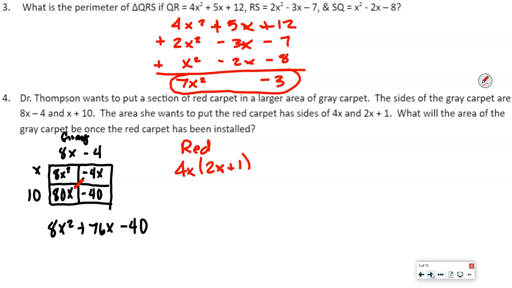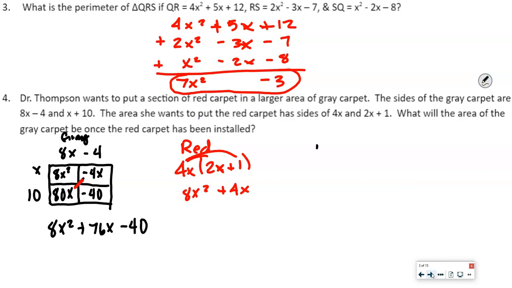This time I don't really need to use the box. I can just use the distributive property, right? So that's going to be 8x squared plus 4x. Now what are we going to do with these two parts? Because it says what will the area of the gray carpet be once the red carpet has been installed? That means now there's less gray carpet, right?